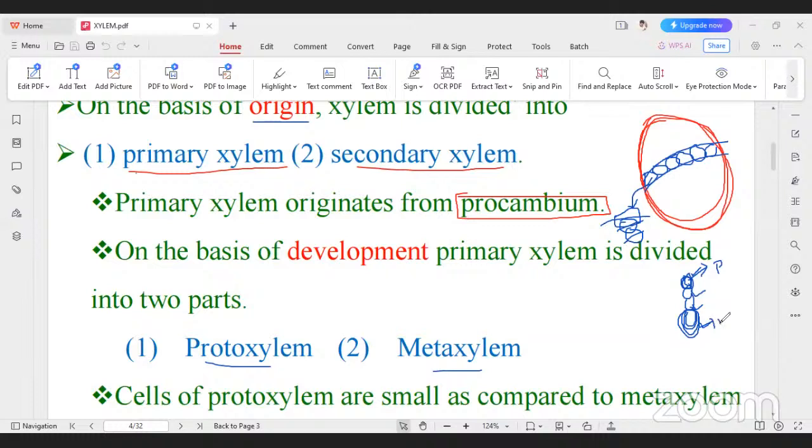The large one is called metaxylem. Both develop from procambium cells. This whole thing is called primary xylem. In primary xylem, the first formed xylem is protoxylem and the final is metaxylem, which is large in size compared with protoxylem.